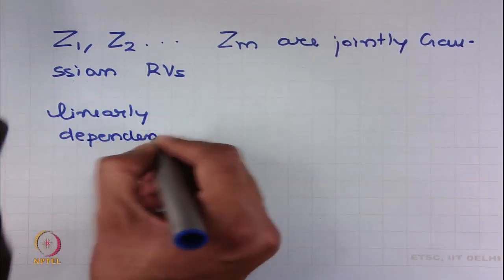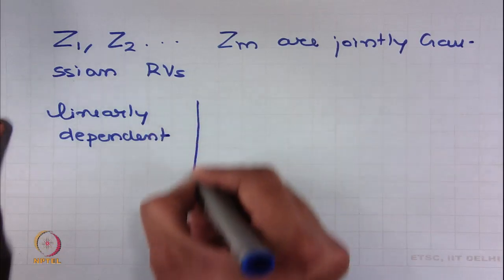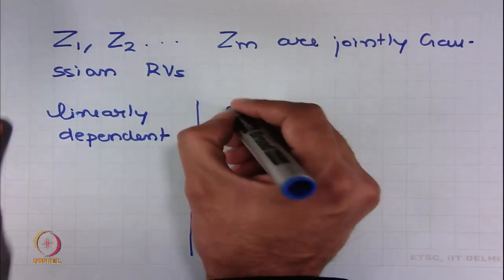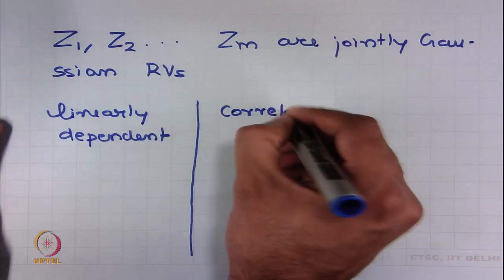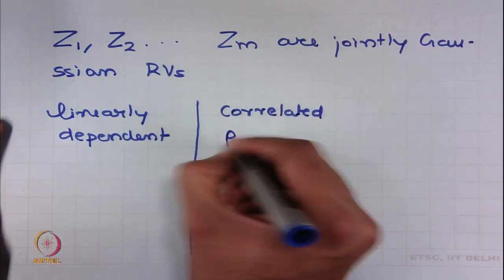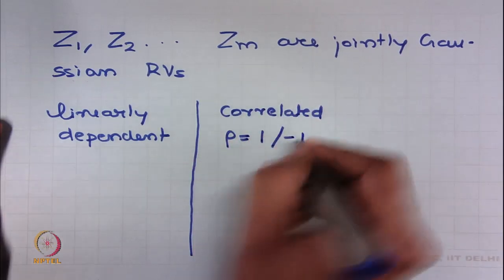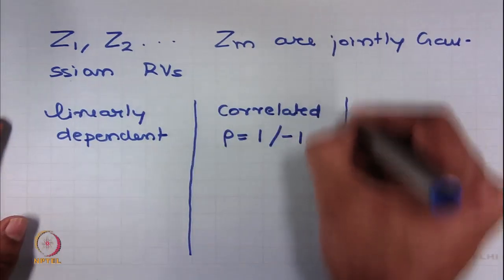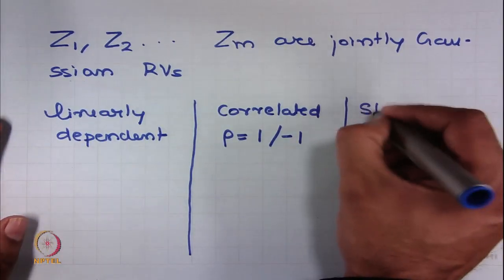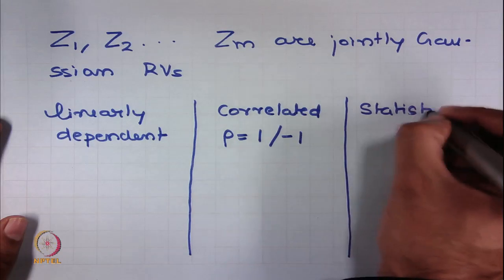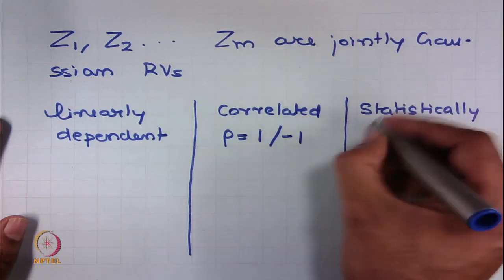If these are linearly dependent, it also means that they are correlated, and the correlation coefficient can be 1 or minus 1. It also means that they are statistically dependent.